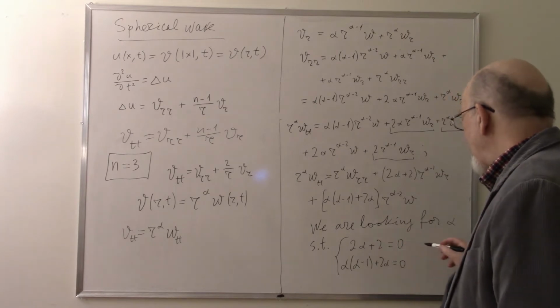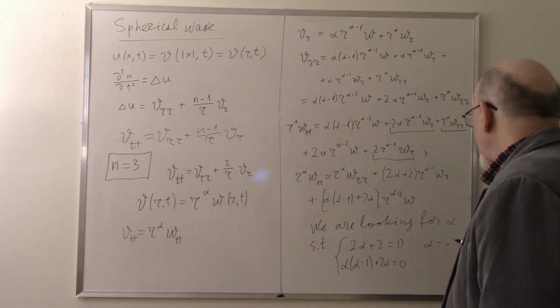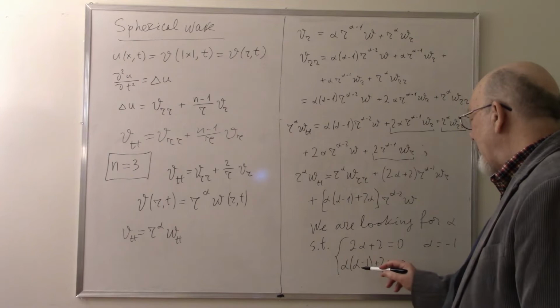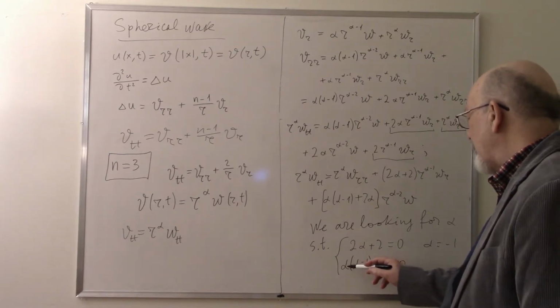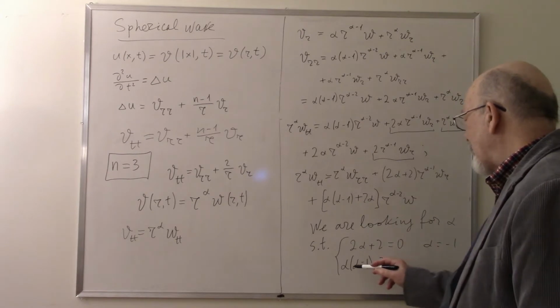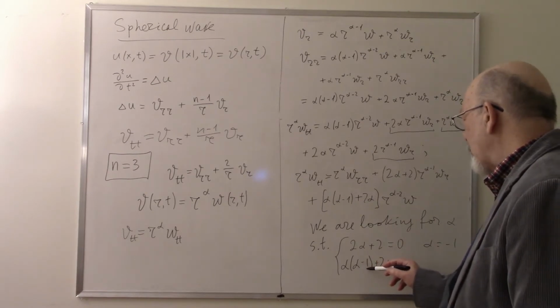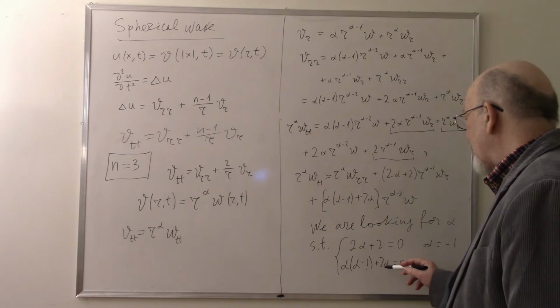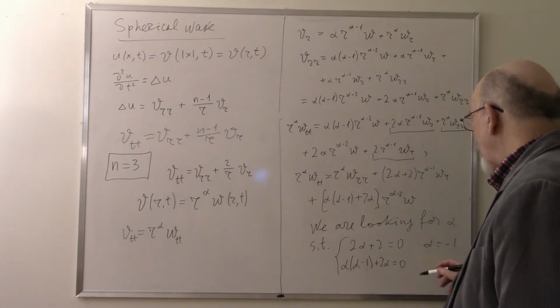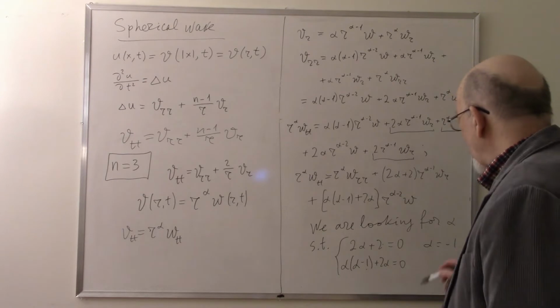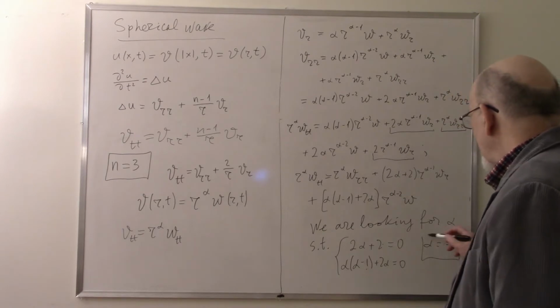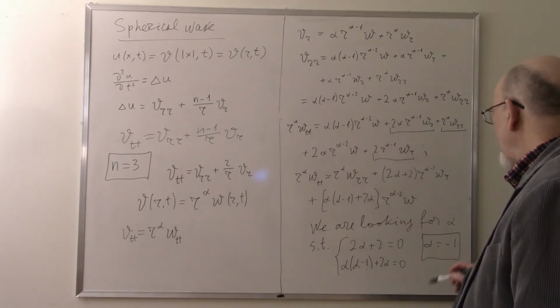So from here alpha equals minus 1, and if I substitute alpha equals minus 1, it is minus 1 times minus 2 is plus 2, plus 2 times minus 1 is minus 2, the sum is 0. So alpha minus 1 is a solution of both. So it is a little miracle.